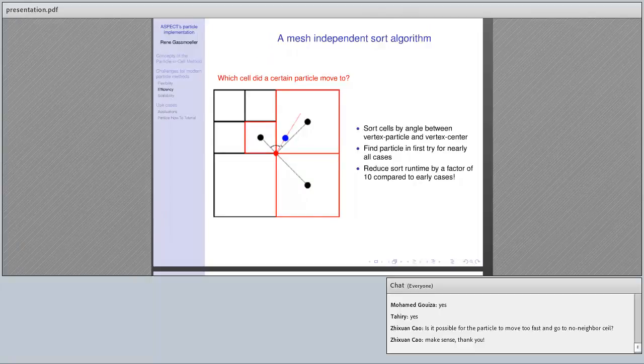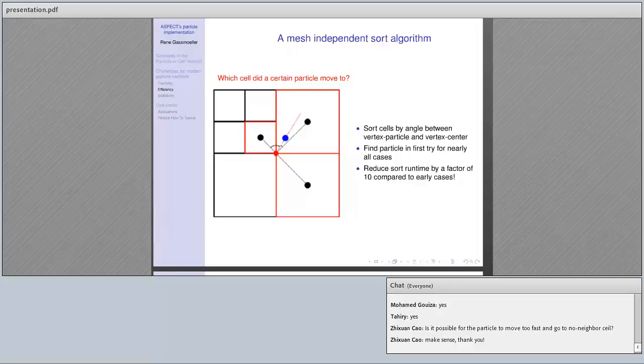Let me zoom in for that one. Since we already know the closest vertex of the old cell, which is the red dot here, we can draw a line from the closest vertex to the actual particle location, from the red dot to the blue dot, and compare the angle between this line and the lines from the closest vertex and the cell centers.